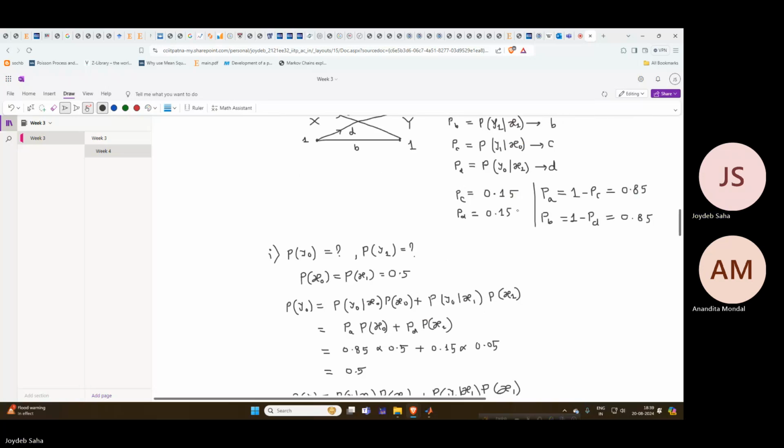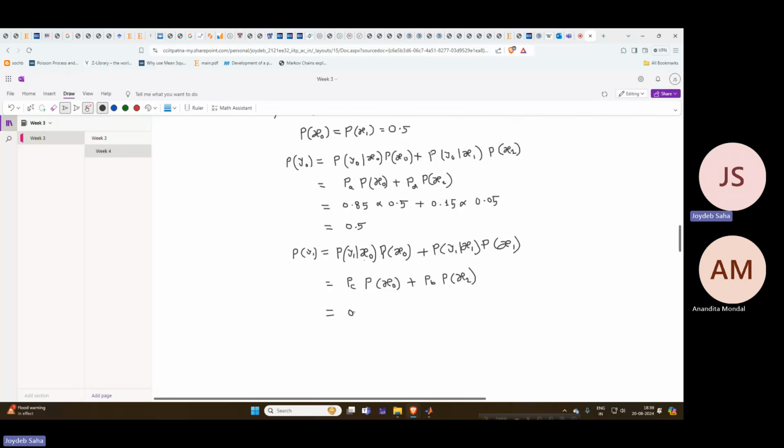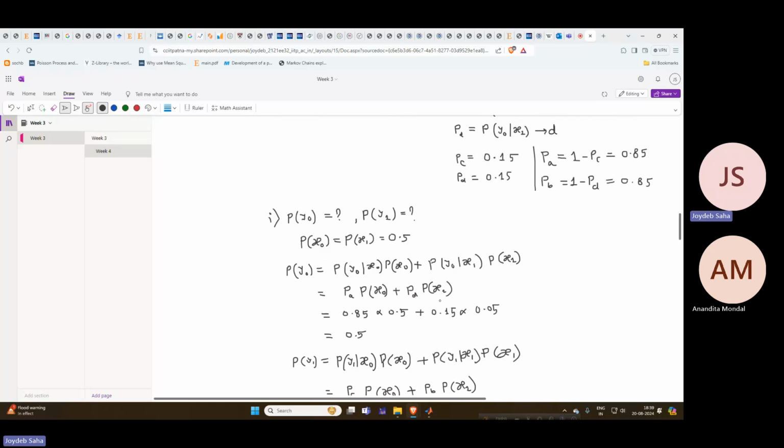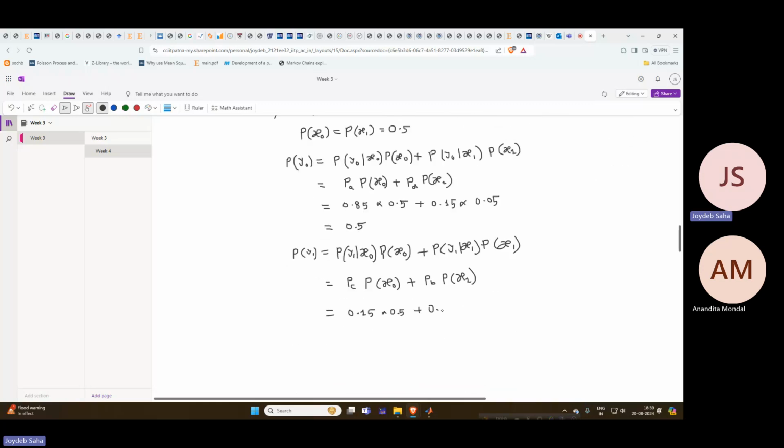PC we have 0.15 into 0.5, plus PB, PB is 0.85, into 0.5, is equal to again 0.5.